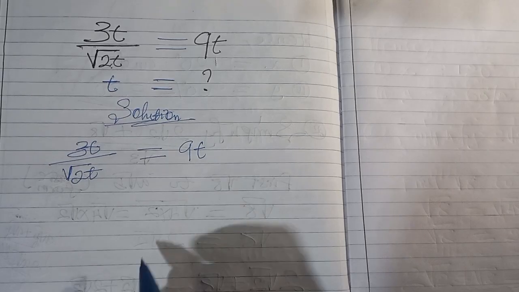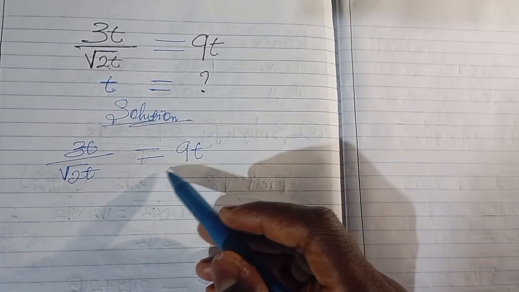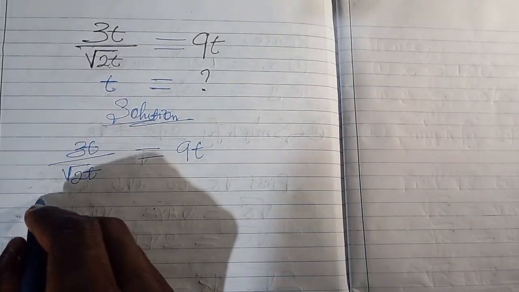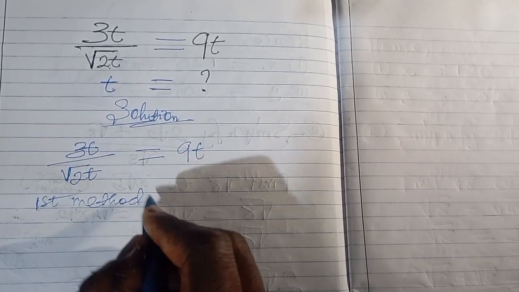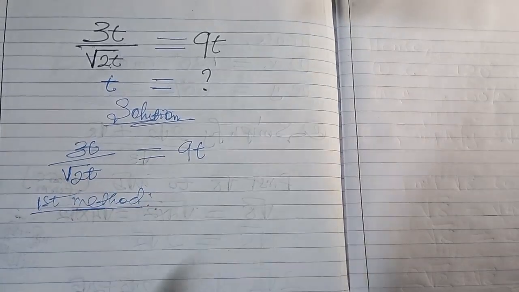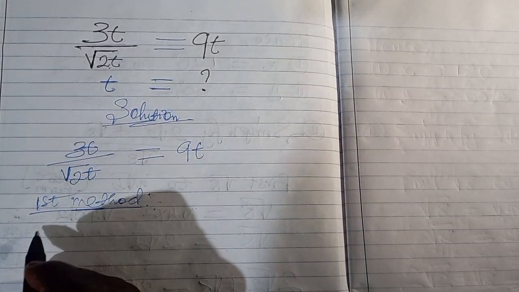First, we are going to use two methods to solve this. First method, we are going to square both sides.